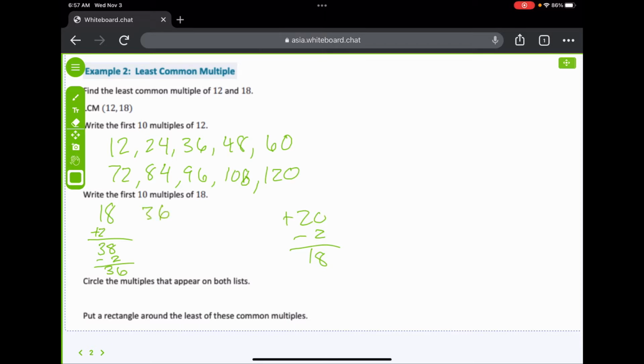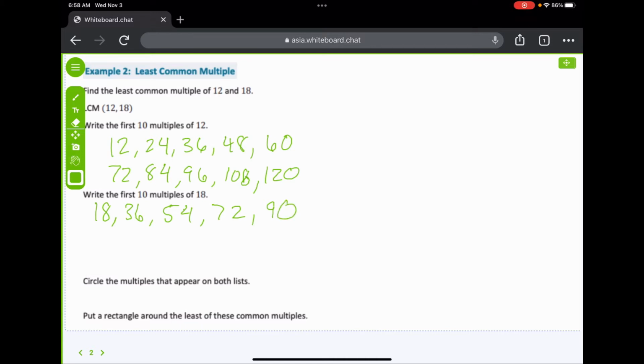So here we had 36. If I add 20 here, that is 56. Subtract 2, that is 54. That's my little trick for 18. So we had 18, 36, 54, 72, and then we would have 90.